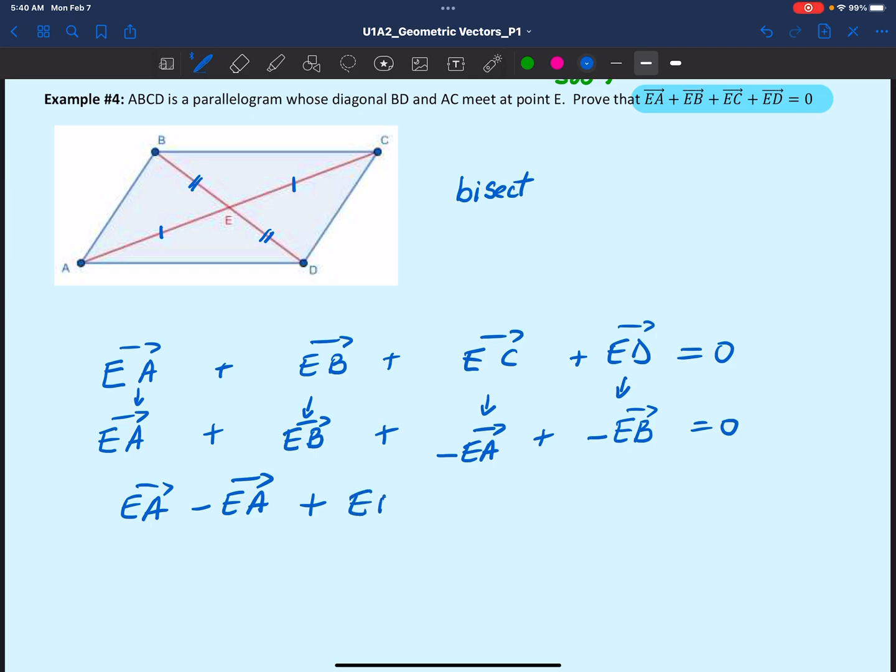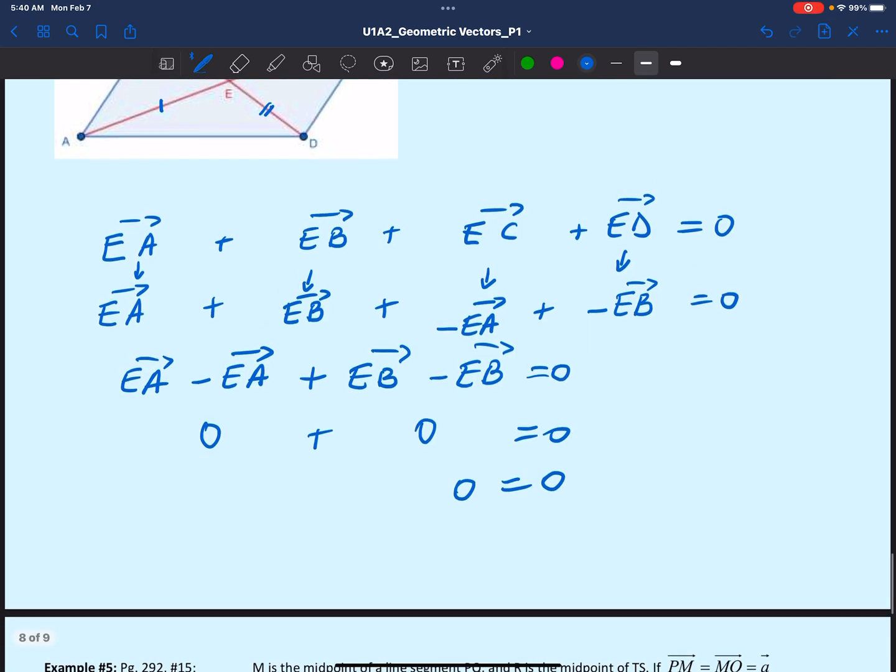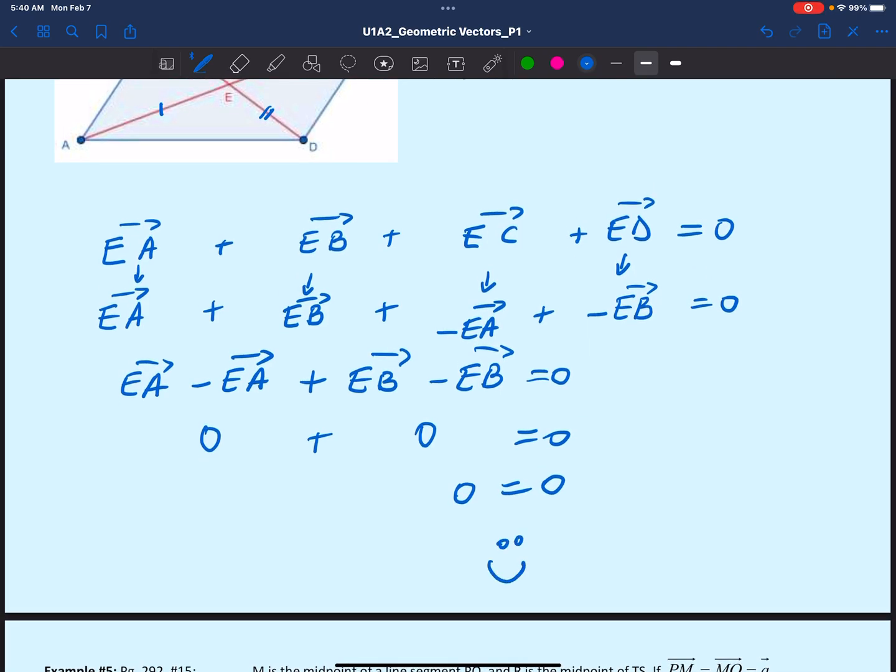Plus EB minus EB. And that is only for the purpose of explaining things. And obviously we can simply write the statement from this step here. Okay, so that would be equal to 0. So 0 equals 0, which means that we have just proved what we wanted to.